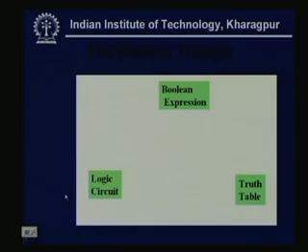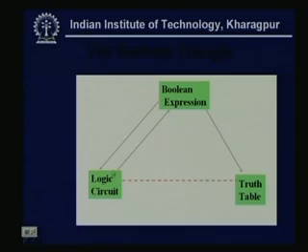Now, last day we have seen some Boolean expressions, that means given a digital design to be built up, first we identified some of the expressions, or the truth tables. We have seen how the truth table can be built up from the Boolean expressions, and again from the Boolean expression the logic circuits can also be built up.